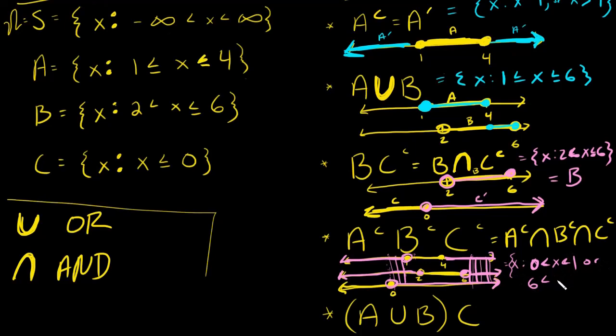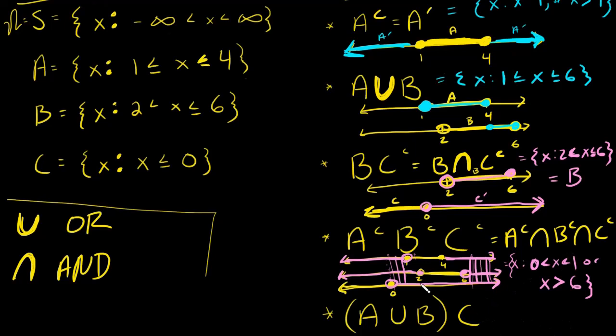So basically, X is more than 6. I don't include 6 because that's not part of B complement, so strictly more than.